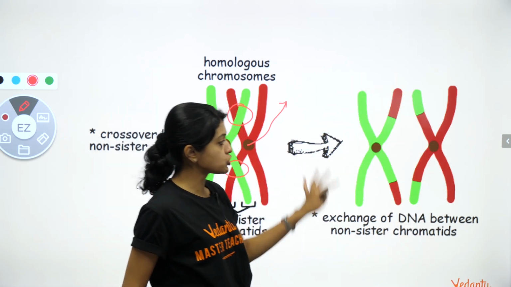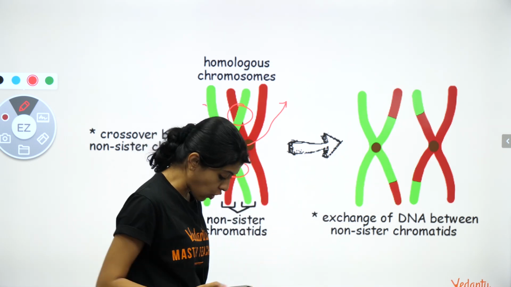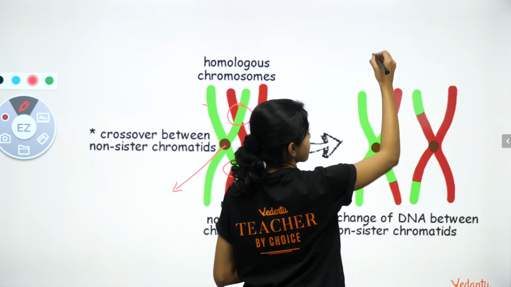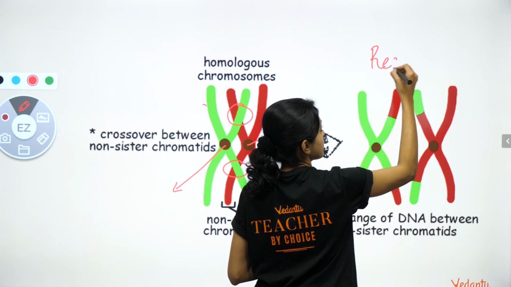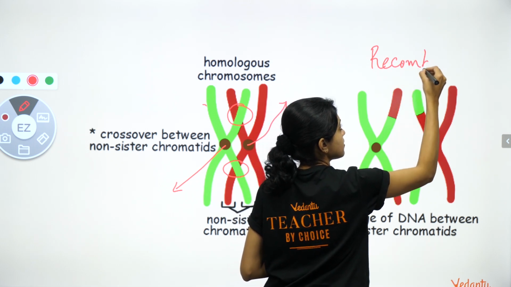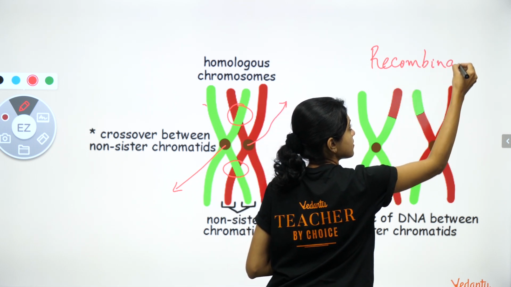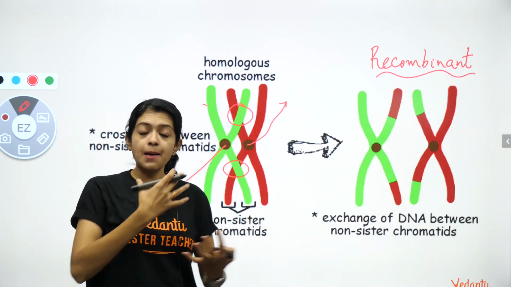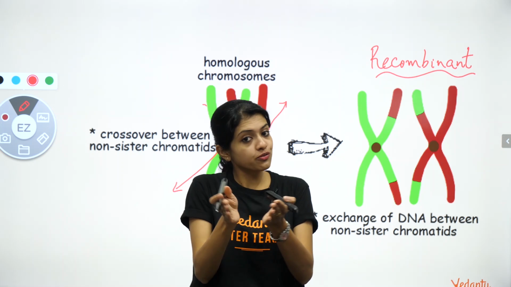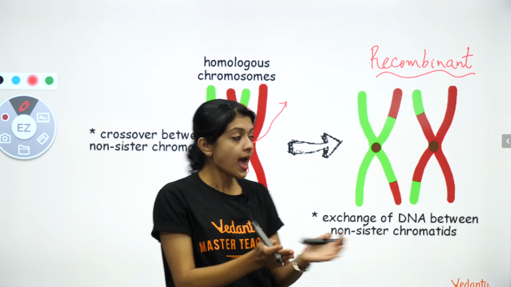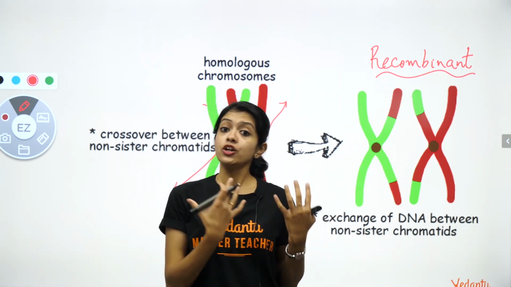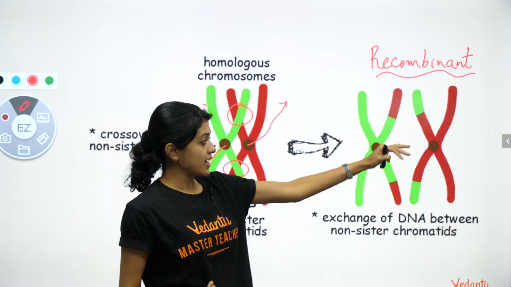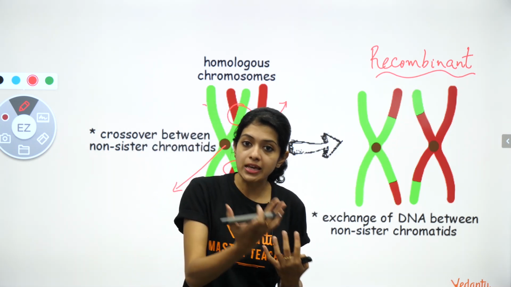And this is what you call recombinant chromosomes, because some kind of recombination of genetic material has happened and you have a completely new combination, which is this. So the process is called recombination.